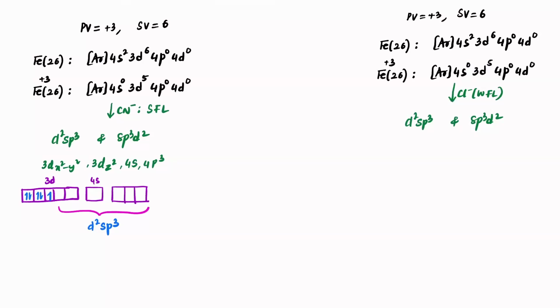Hence, we have no other option but to use the 4s orbital which is empty, the 4p orbital which is also empty, and the 4d orbital which is also empty. 3d cannot be used. 3d will remain as 3d5 only. These are the orbitals which can be used, and that will give us sp3d2 hybridization. So one will become d2sp3, the other will become sp3d2 hybridization.